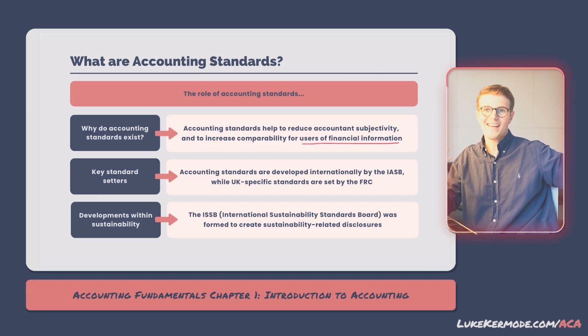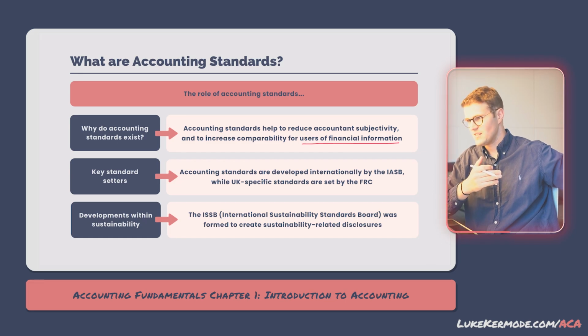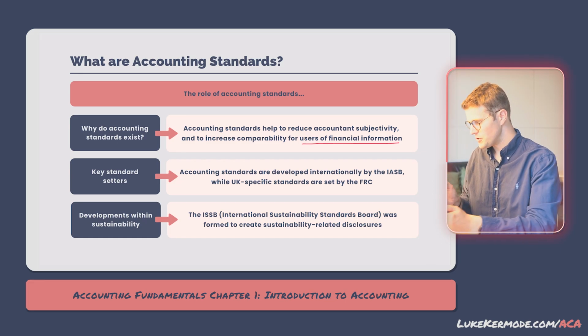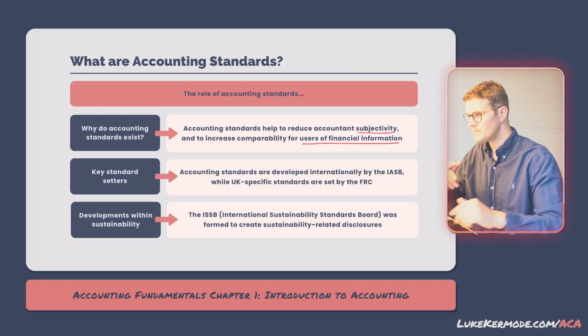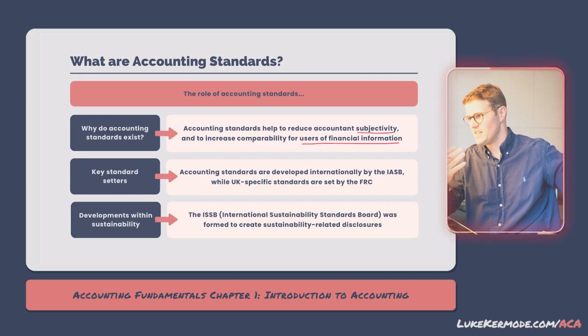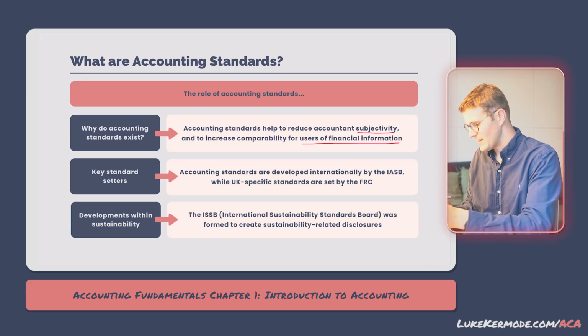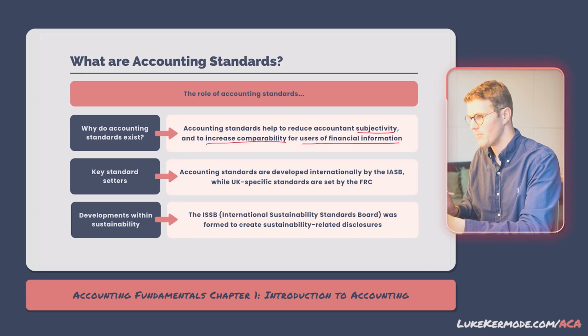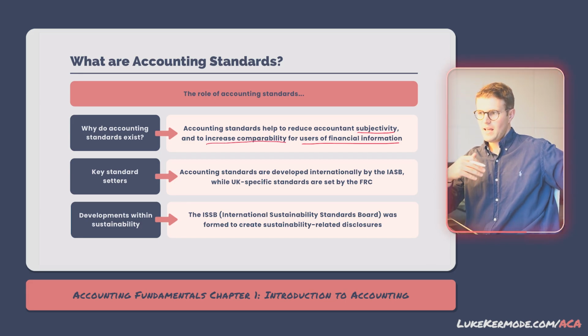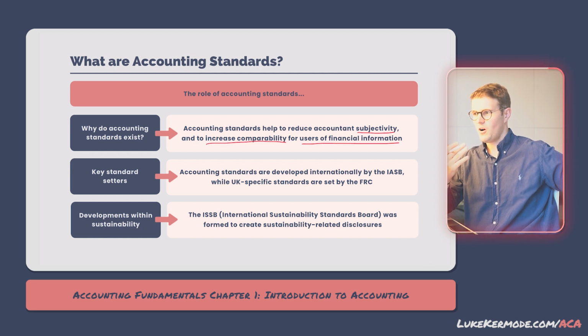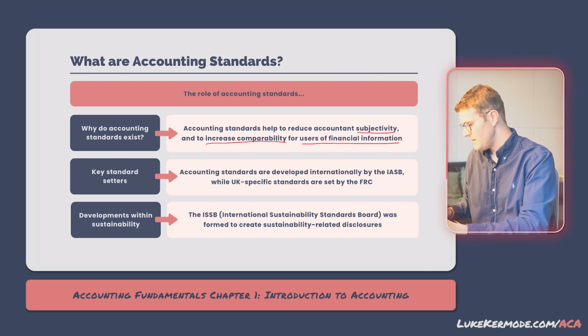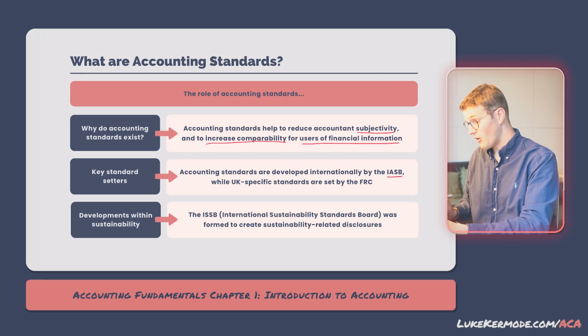And that's the reason why accounting standards exist. Accounting standards create clear accounting rules to reduce subjectivity and promote consistency, ensuring that similar transactions are recorded in the exact same way, so increasing comparability. Internationally, standards are set by IASB under IFRS.